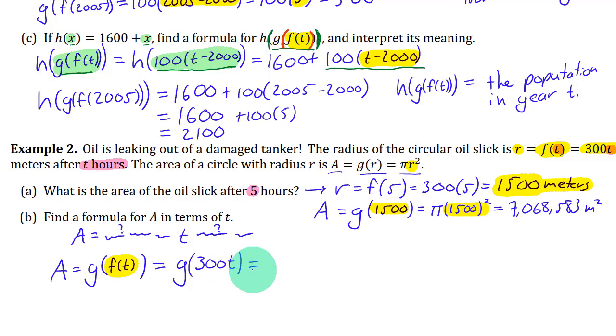And so whatever that comes out to be for a particular t, the function says to do pi times that squared. So we're going to do pi times 300t squared. And 300 squared gives you 90,000. So you could write this as 90,000 times pi t squared.